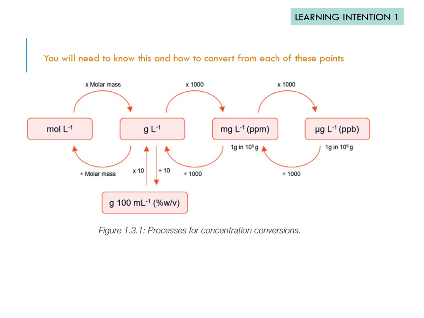If we want to move from grams per litre, because we've been given the mass, and we know the mass of the solute in 1 litre of volume, we can work out the milligrams per litre into parts per million. Then we could potentially times by another 1,000 to get micrograms per litre in parts per billion. So you can see here, this is milligrams, grams, moles, okay? And then the conversions, how to get there as well into percentage weight to volume.